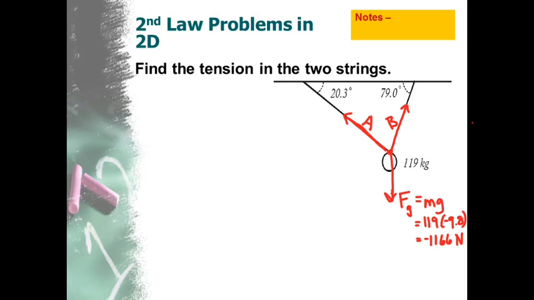And the next thing I need to do is get this all into horizontal and vertical components. So I have some work to do. I better make a couple of triangles right here. Let's make one of them orange, and let's make the other one blue. All right, so I have two triangles now.